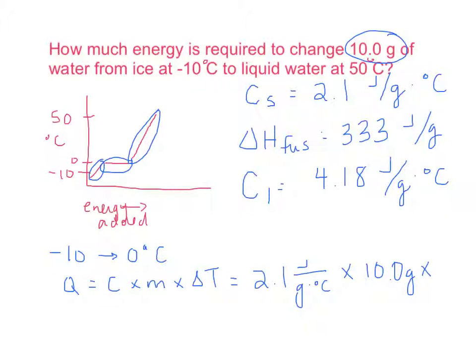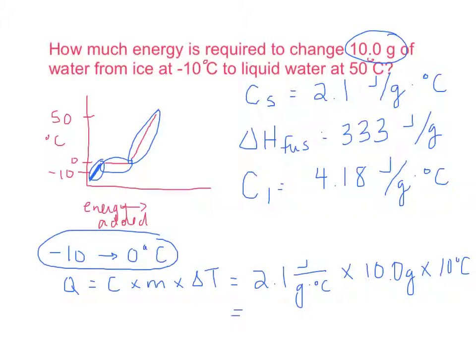We're only going in this problem from negative 10 to 0 at first. That's the only part of the graph, the region right here. That's the only temperature change for that region. So we're going to use 10 degrees Celsius.